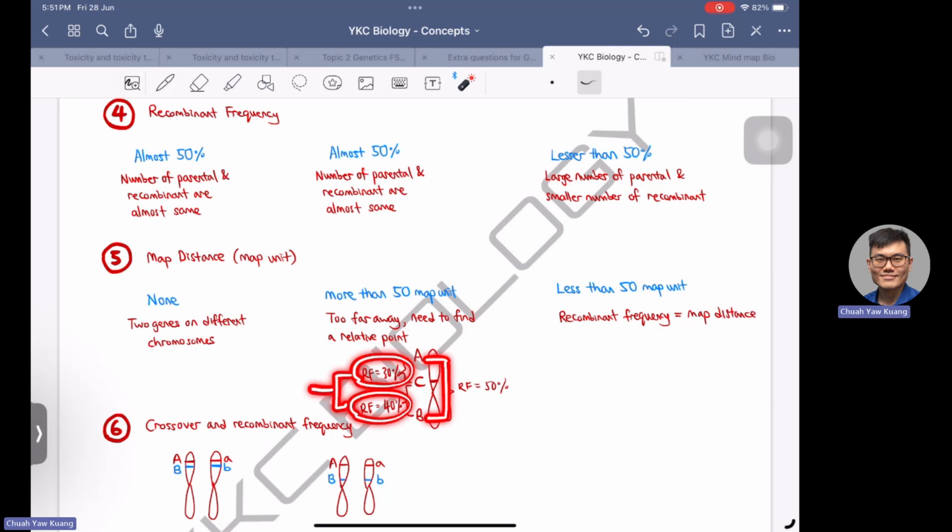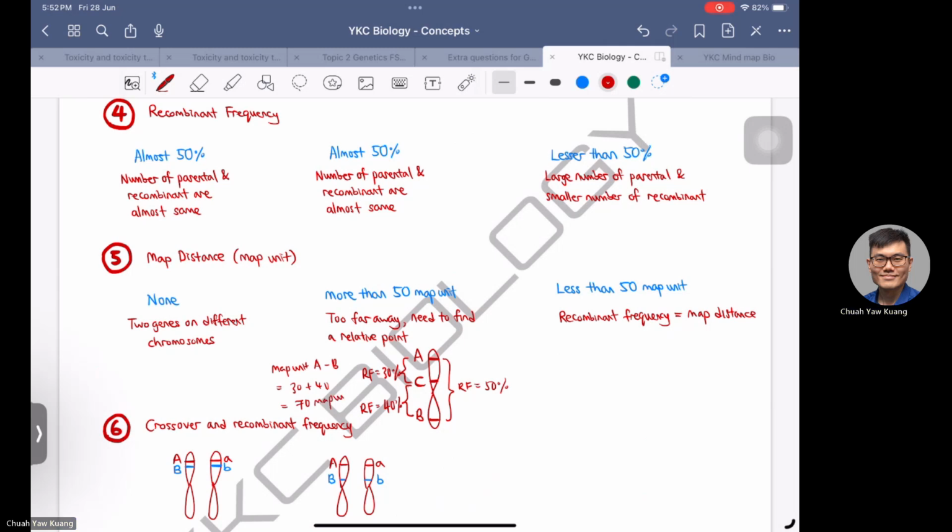It will be 30 plus 40, which is 70. The map distance of A to B will be 70 map units. The unit cannot be percentage, because percentage is for recombinant frequency. So this must be map unit, 70 map units.